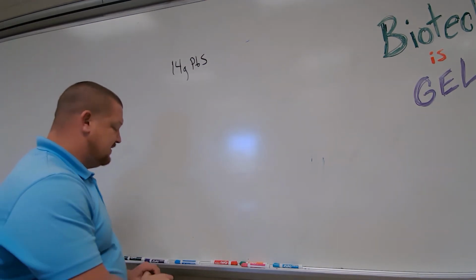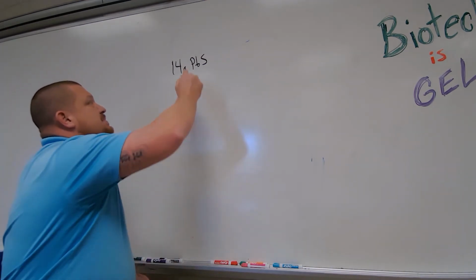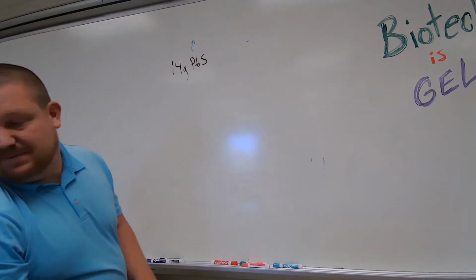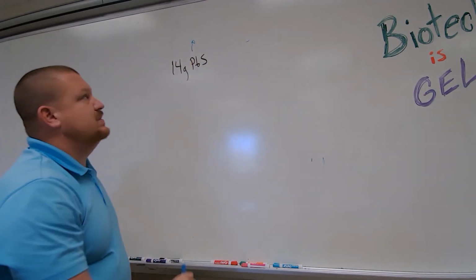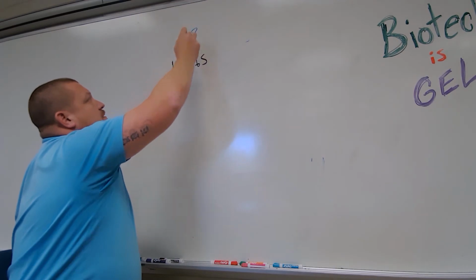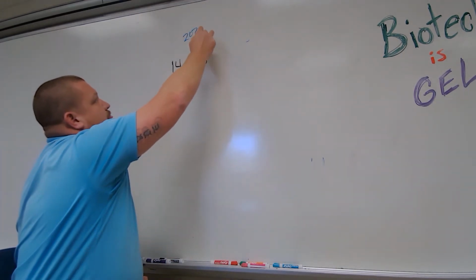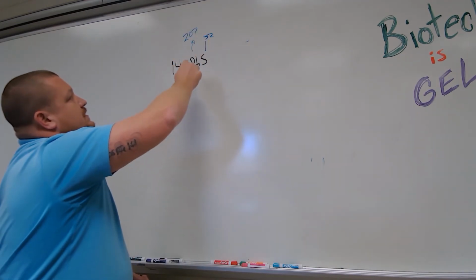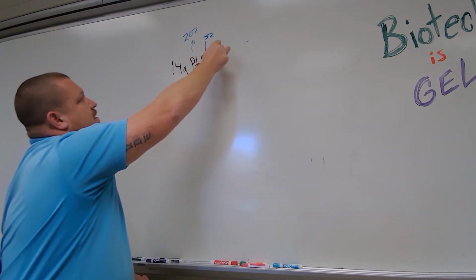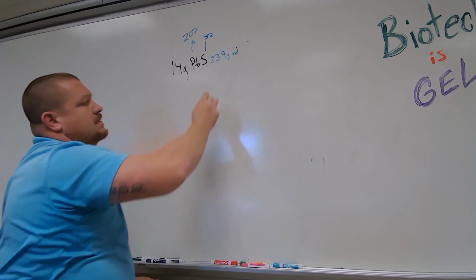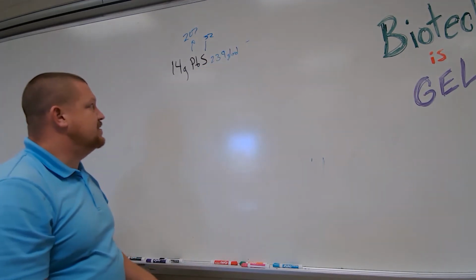Got to figure out our molar mass of lead sulfide. Pb, mass of Pb is 207.2. Mass of sulfur is 32.064. So what's that? 239. Again, this is just rounded numbers, keeping it easy for me up here.